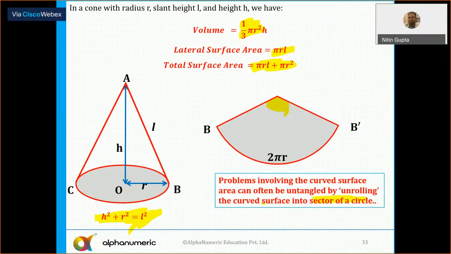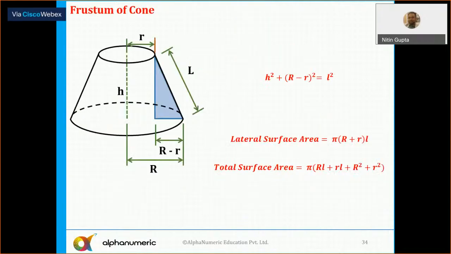All right. Now frustum of the cone. So these are the direct formulas. Volume is equal to 1 by 3 into pi into (capital R square plus R r plus r square) into h. You know the volume of the frustum of a pyramid. In the case of a frustum of a pyramid, if the base is a circle, then it becomes a cone. So cone is actually nothing but a pyramid with a circular base.